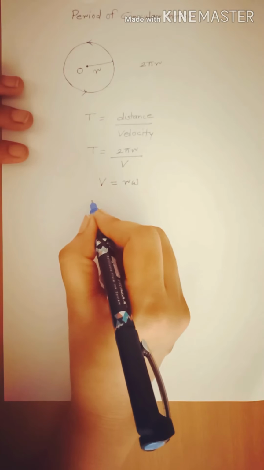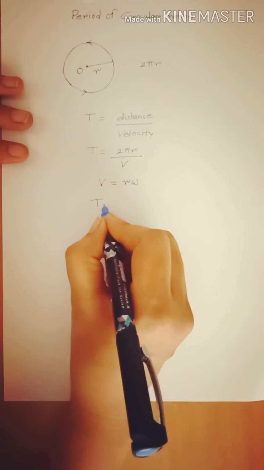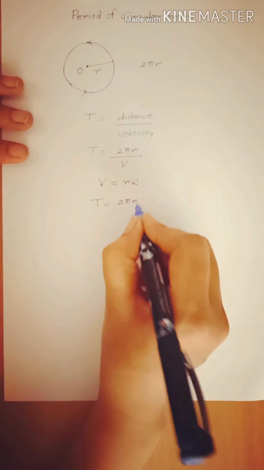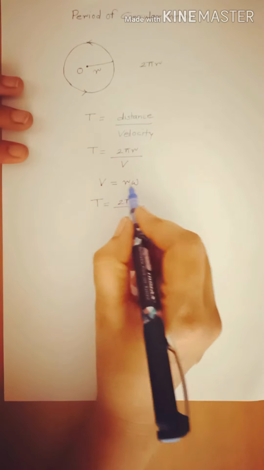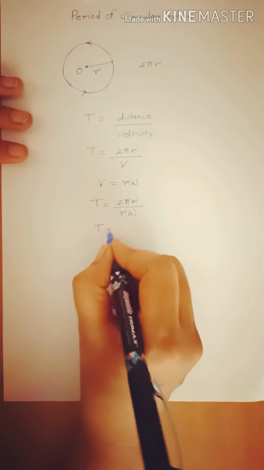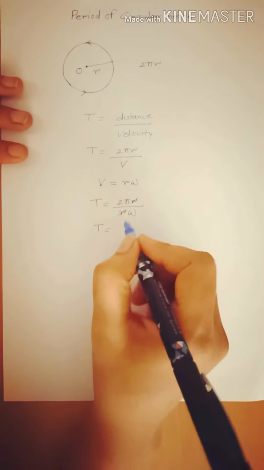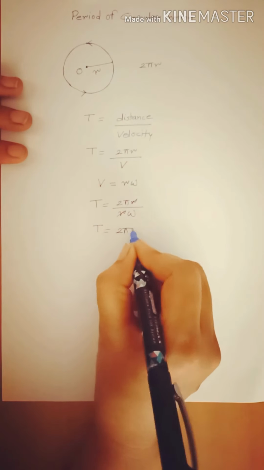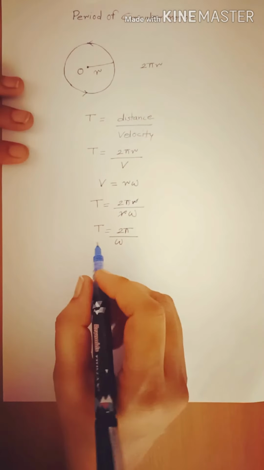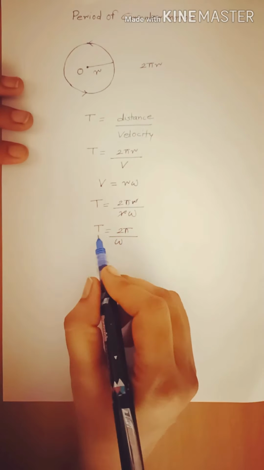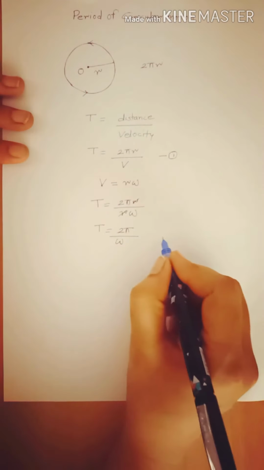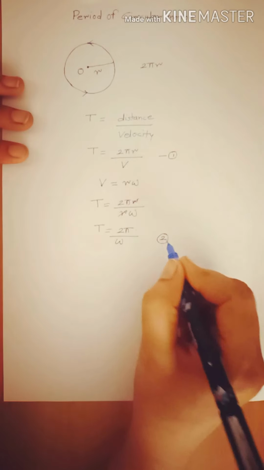Substituting the value of v as r omega, r gets cancelled, and we get T is equal to 2 pi divided by omega. This is the formula for period of circular motion in terms of linear velocity and in terms of angular velocity.